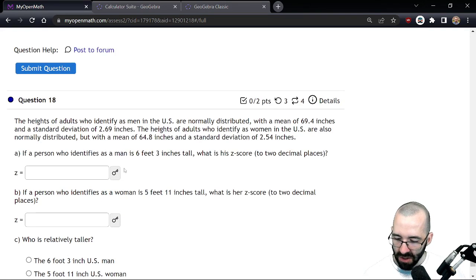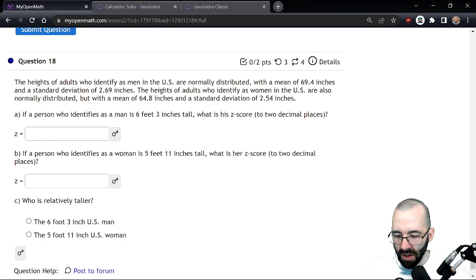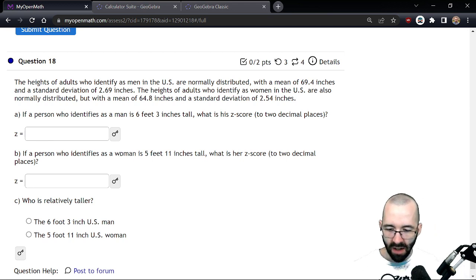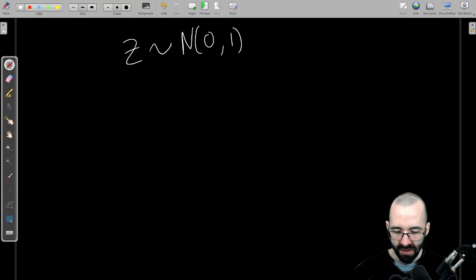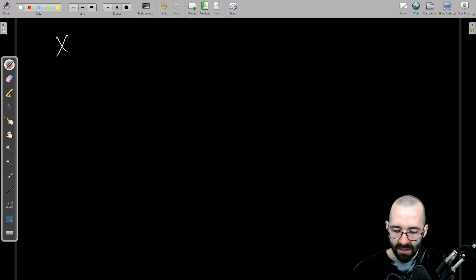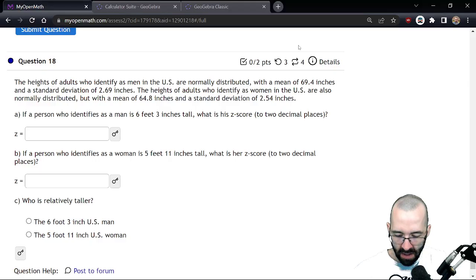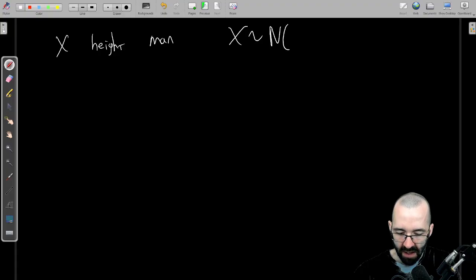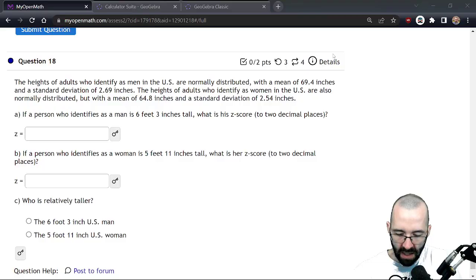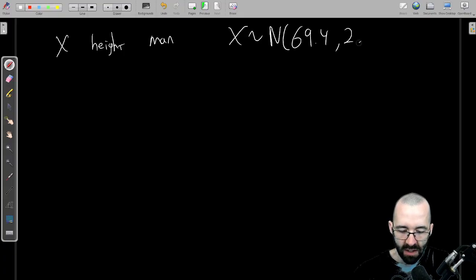Last one for this video, let's do number 18. The heights of adults who identify as men in the United States are normally distributed with a mean of 69.4 inches and some standard deviation. Write that down. X is height, and we know X is normally distributed with a mean of 69.4 inches, standard deviation of 2.69 inches.